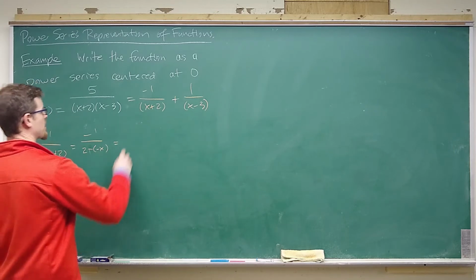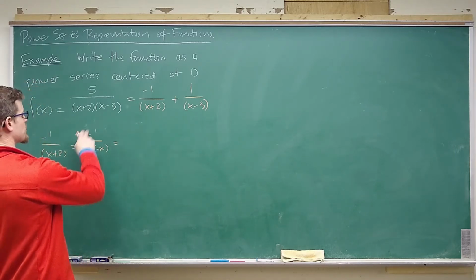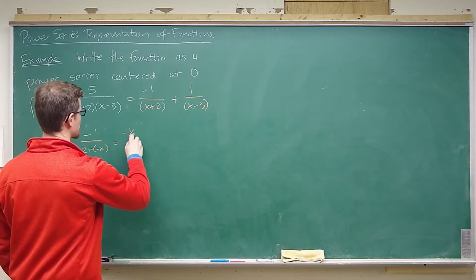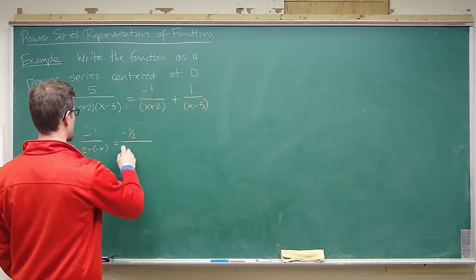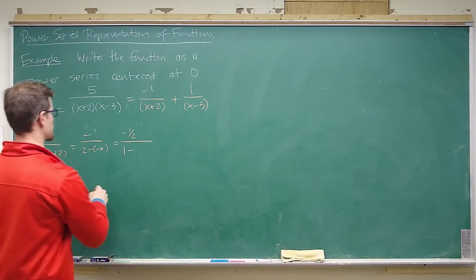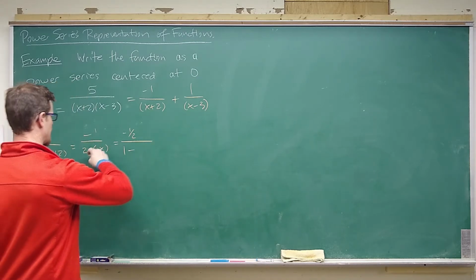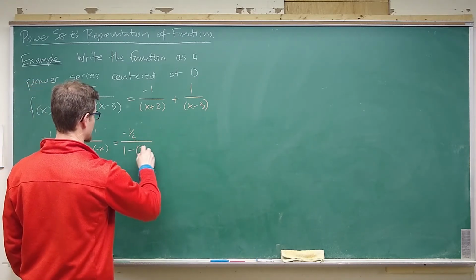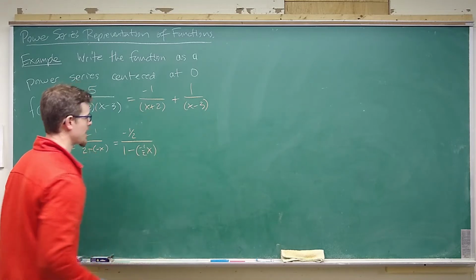And this can be rewritten by multiplying the numerator and denominator by 1/2, which would give me -1/2 divided by 1 minus, multiplying by 1/2, -1/2 times x.